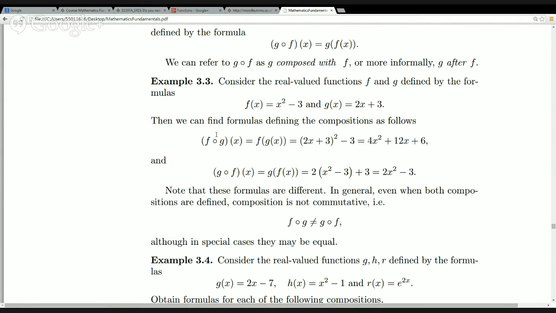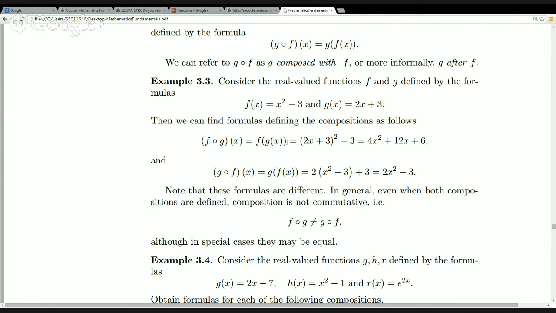Now, what does the polynomial f after g look like? Well, according to the definition, it should be f applied to g of x. Now, g of x is 2x plus 3. So what we do is we feed 2x plus 3 in as the input to the function f. Now, the function f is the rule that says take the input, square it, and subtract 3.